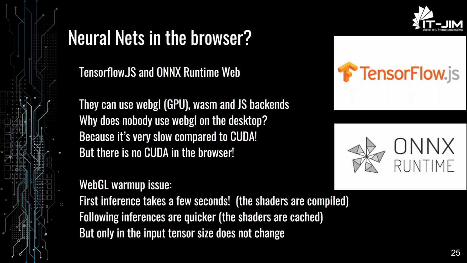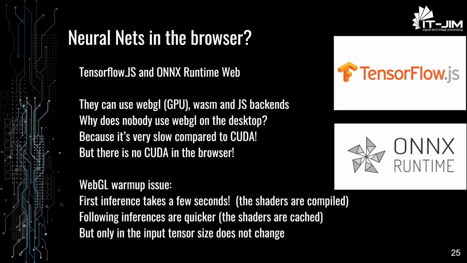I think they do not exist in the browser and probably never will. The only way a browser can use GPU is WebGL. And as you will see in a few minutes, it's maybe better than CPU, but very inefficient compared to proper CUDA. So these frameworks can use the GPU via WebGL.